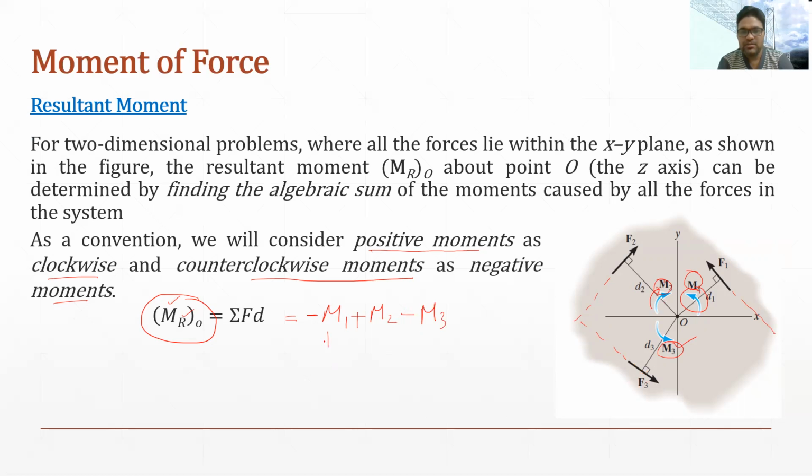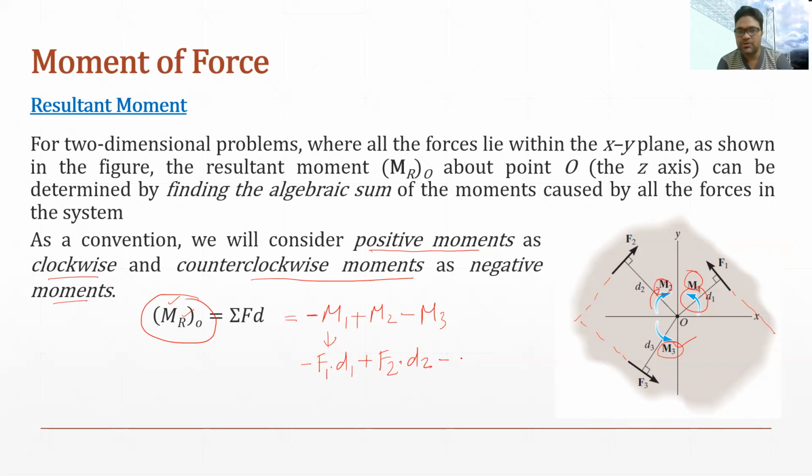And M1 is minus F1 into D1. So M1 is the product of force F1 and the moment arm D1. Similarly, plus M2 is the product of F2 and D2. Similarly, there is M3.